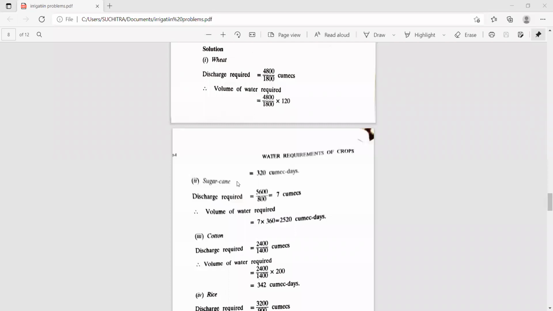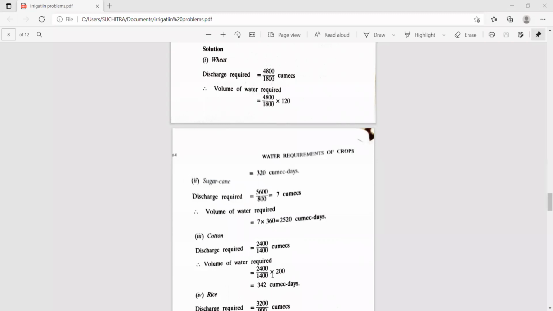Similarly for sugarcane, the discharge required is the area under the crop divided by the corresponding duty, that is about 7 cumecs, and the volume of water is about 2,520 cumec-days. It requires more water because sugarcane is a perennial crop. Next for the cotton crop, similarly the discharge required will be in cumecs, that is area divided by the duty, and the base period is 200 days.